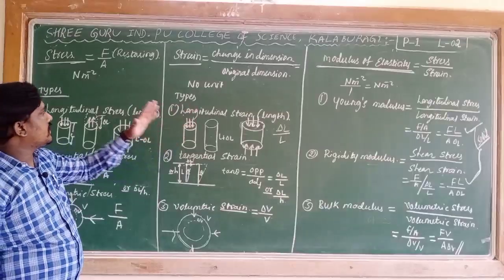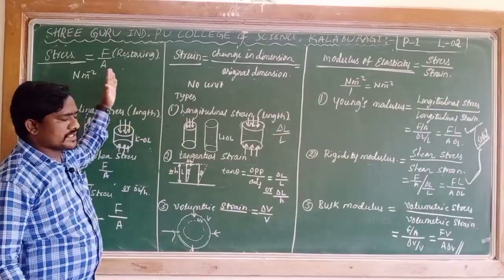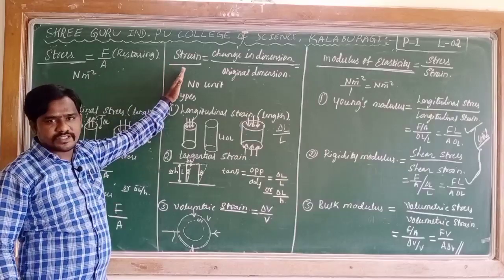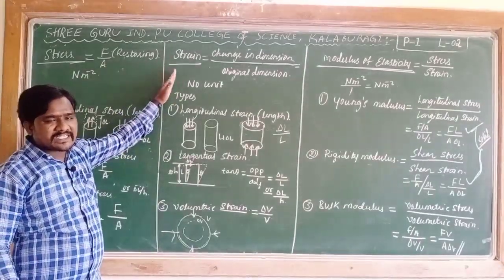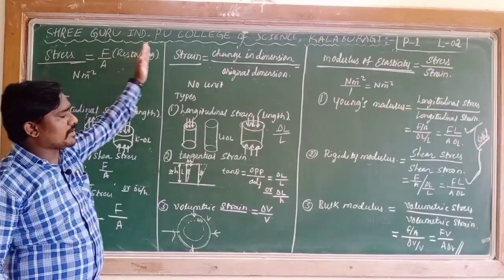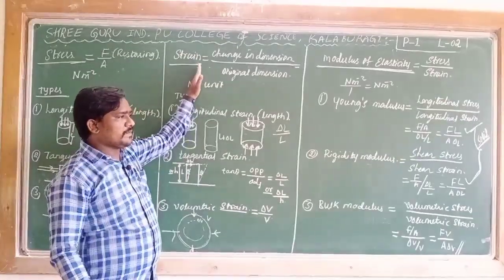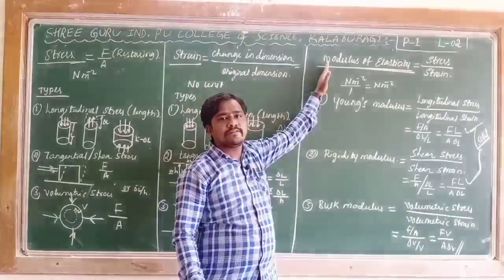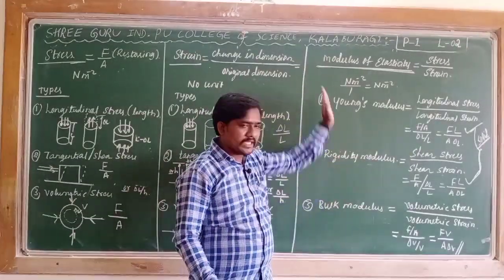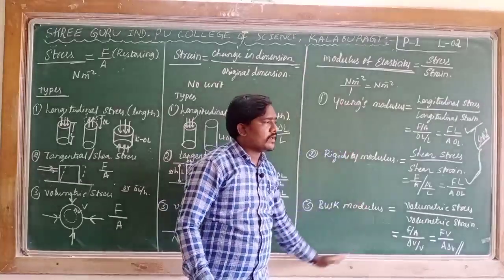Modulus of elasticity depends on stress as well as strain. Hooke's law states that within the elastic limit, stress is directly proportional to strain. If the stress is not directly proportional to strain, we can't find the moduli.